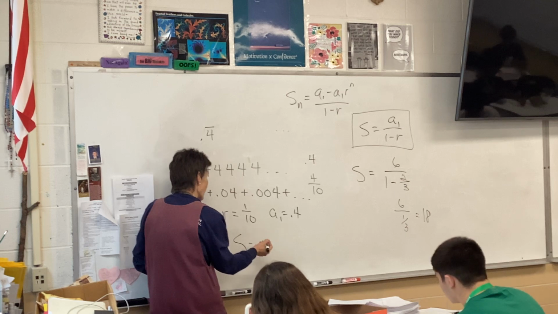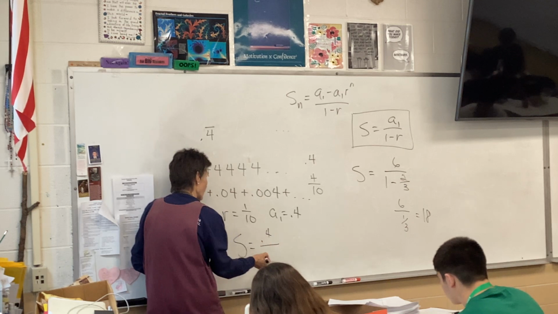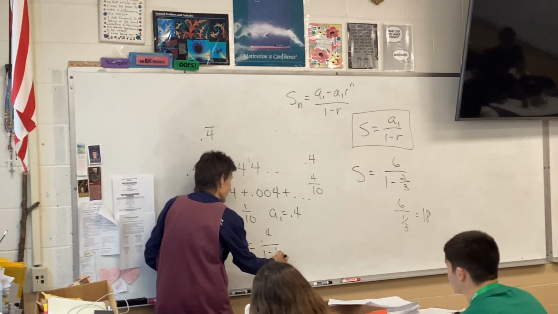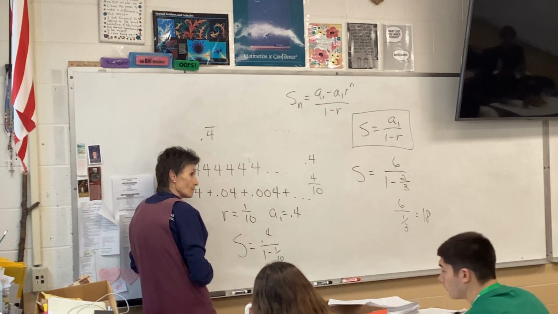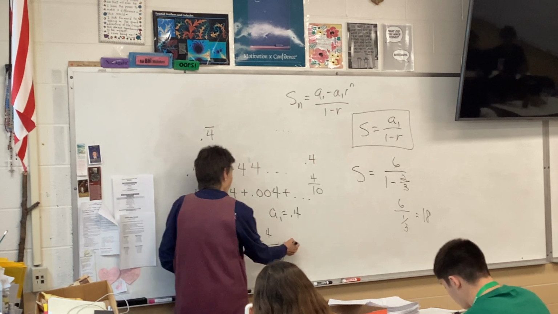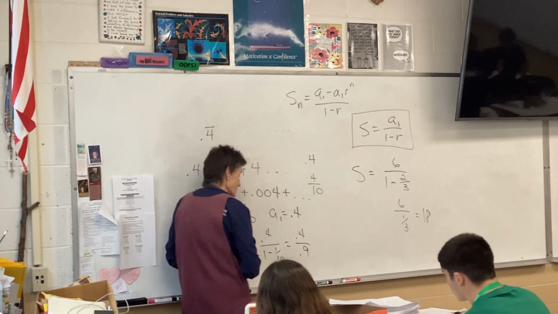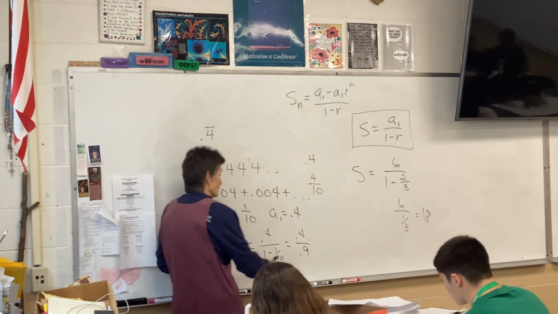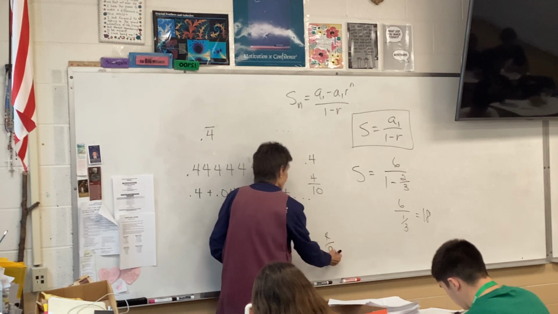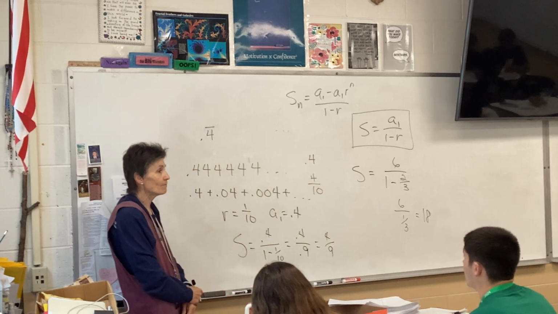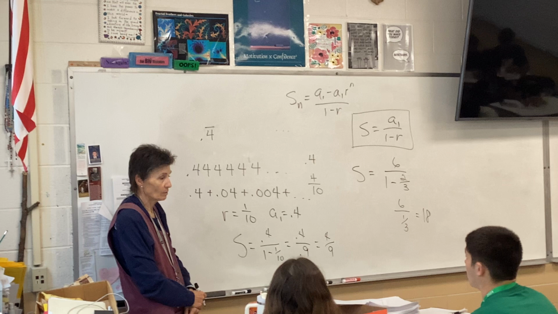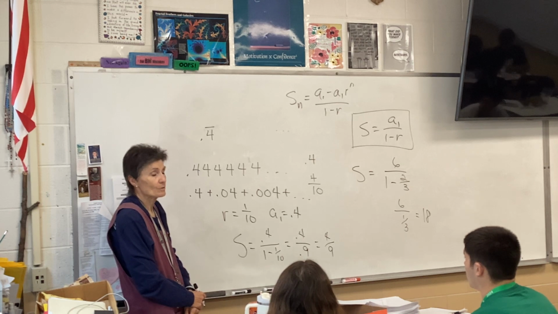So the sum will be 0.4 over 1 minus 1/10, or 0.4 over 0.9, or 4 ninths. Your infinite decimal turns into a fraction, 4 ninths.